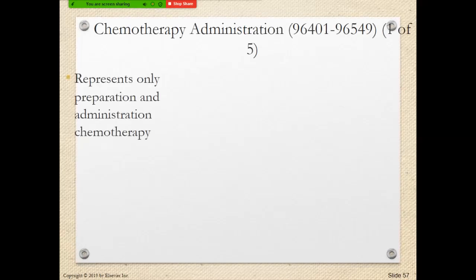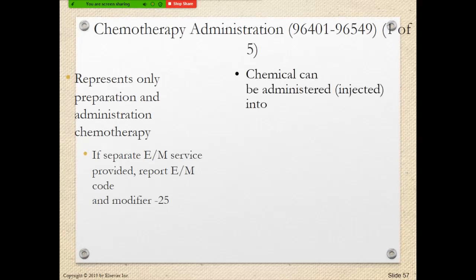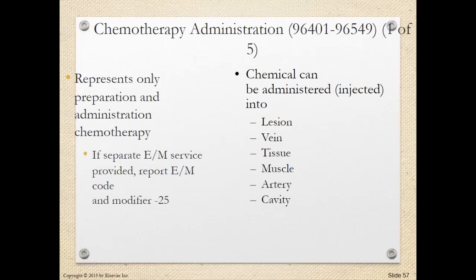Chemotherapy administration. Okay. Again, a lot of information on this slide. Chemotherapy may be provided by several modalities. Coders should read the patient record carefully before coding to ensure that the correct modality is identified.